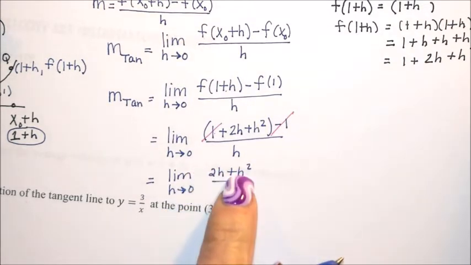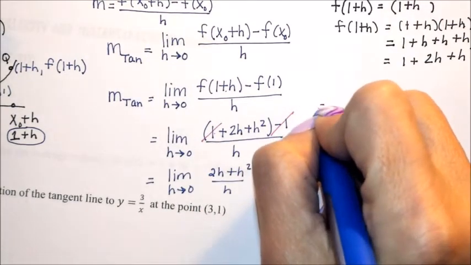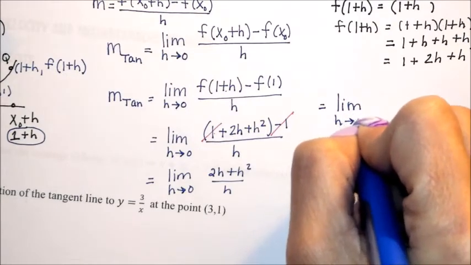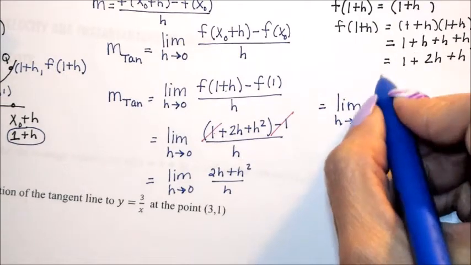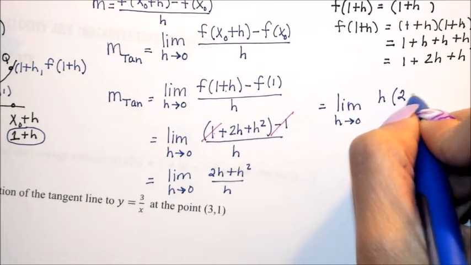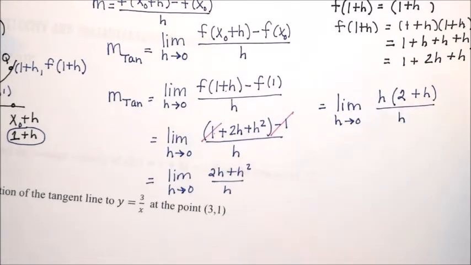If I have an h and an h on top, I can factor that out. So I'm going to say the limit as h approaches 0. Remember I said it's a whole lot of algebra today, y'all. I'm going to factor out an h, which will leave me with 2 plus h all over h.